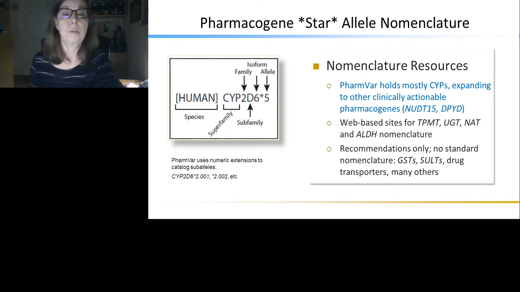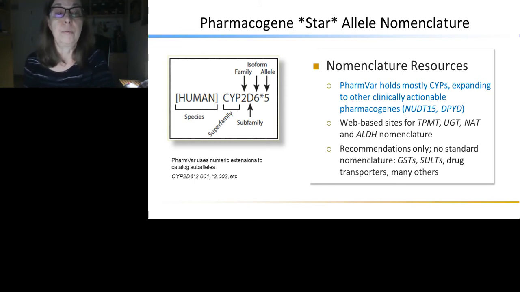So what you see here on the left is how it's written. So you first have the species. So this is for humans. You have the superfamily gene name, which is CYP for short. You have the family, which in this example is 2, the subfamily, which is D. Then you have the isoform, which is 6. And then the allele, the different variants, is that star number.